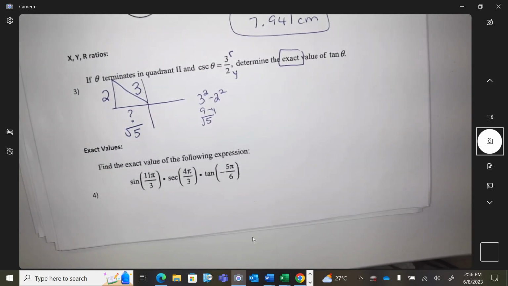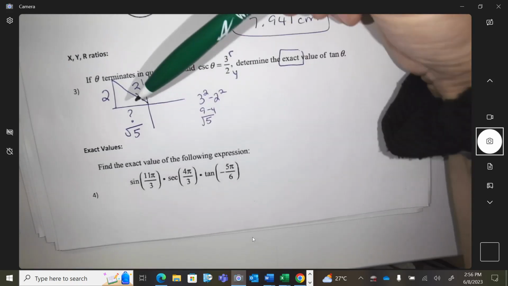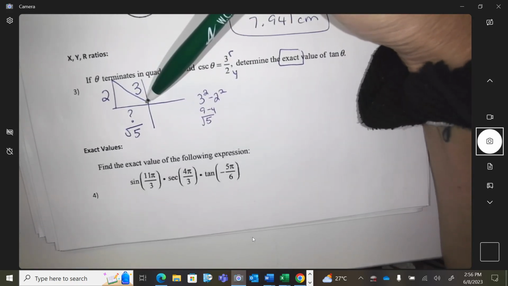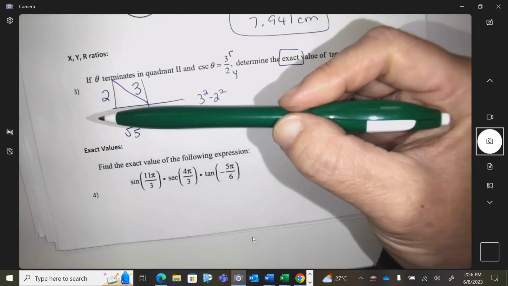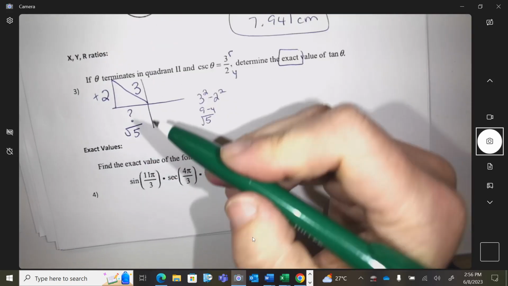Okay, when you are doing trig, here's the number 1 rule. You ready? Don't put negatives in your math. Put negatives into your drawings and locations, right? So what do you know? So 3 is a radius. That's positive. 2 is a y. That is positive.